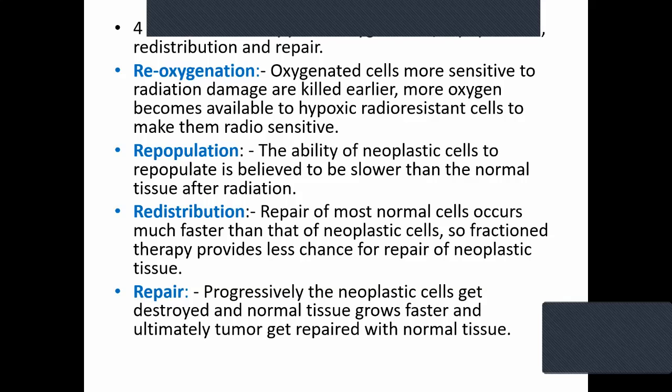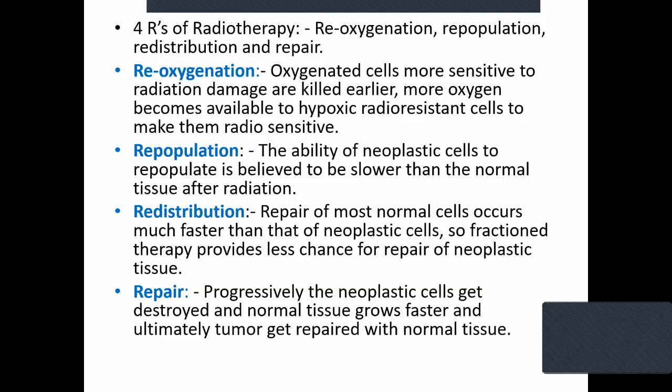What happens is, once a particular population of the tumor cells gets killed, the blood supply or oxygen supply is now available to the nearby cells or nearby tumor cells.